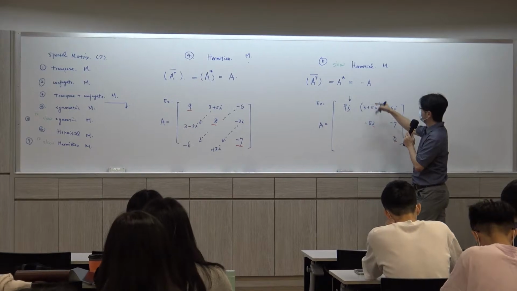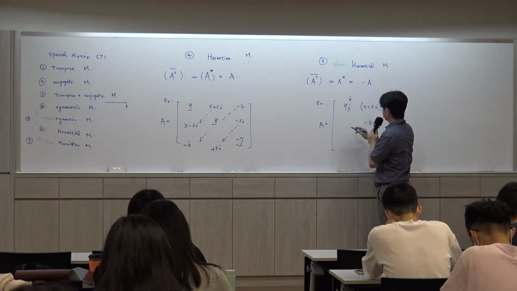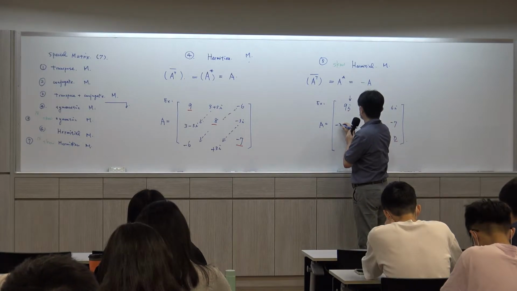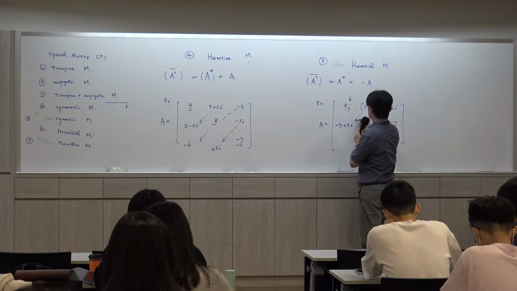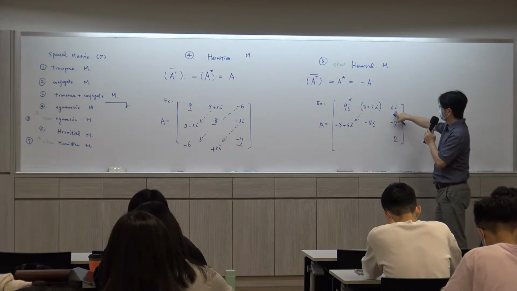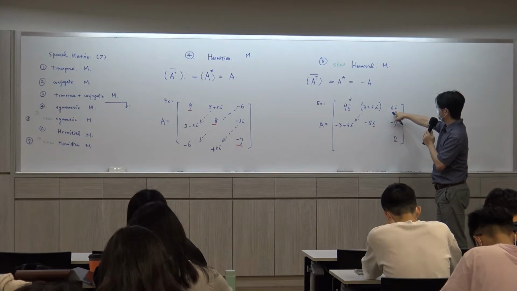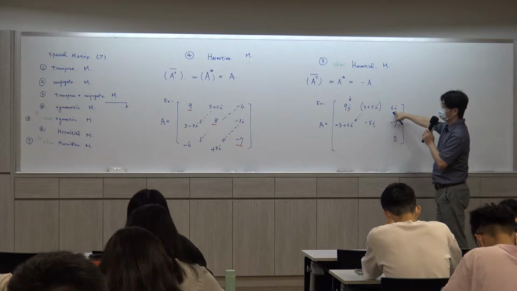So if we include the minus 10, it should be this. Okay. The complex conjugate of 6i should be minus 6i, right?